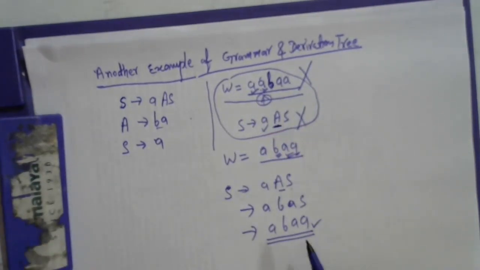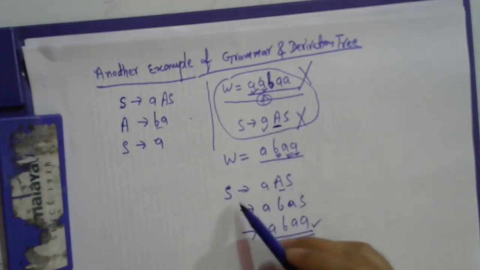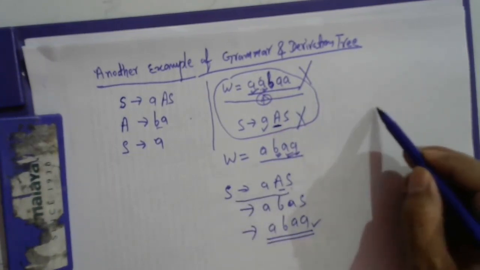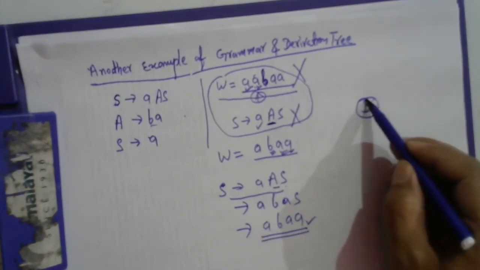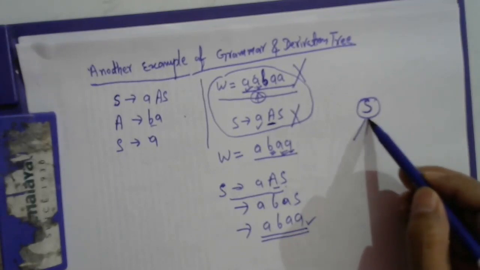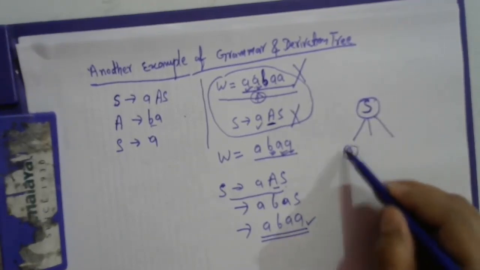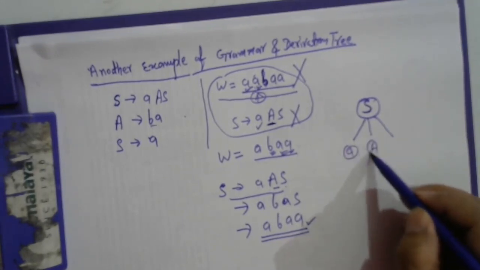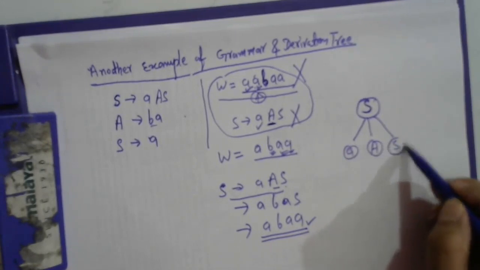Now, how can we construct the derivation tree for this? This is a simple method. We start with S, the first production, as the root symbol of the tree. Then you can replace this root symbol and derive three nodes: A and capital A, which is an internal node, and S, again an internal node.